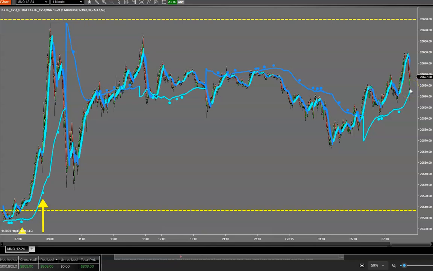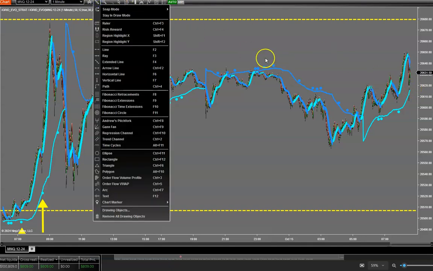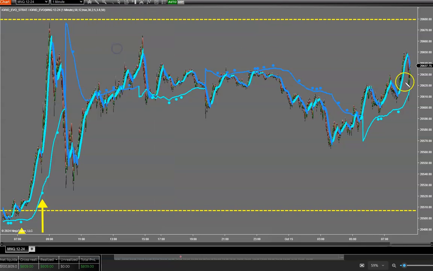We basically have the strategy on, and we're waiting for it to trigger us into a trade. And the only potential trade we could get at this point from an automated standpoint would be to get triggered short.